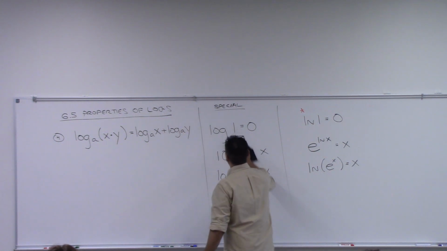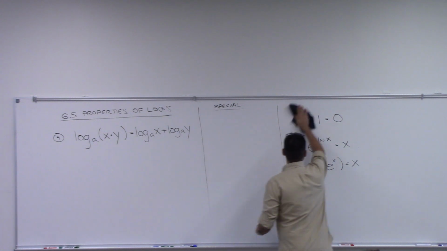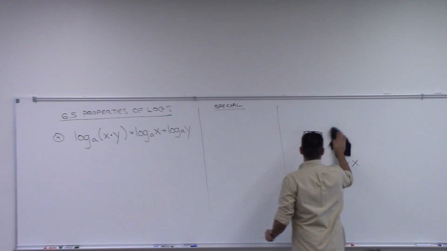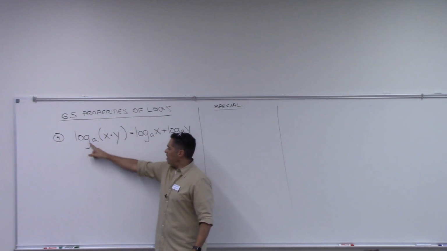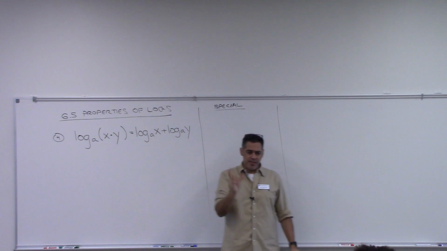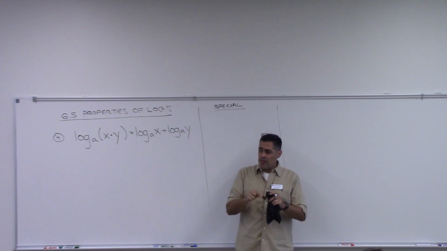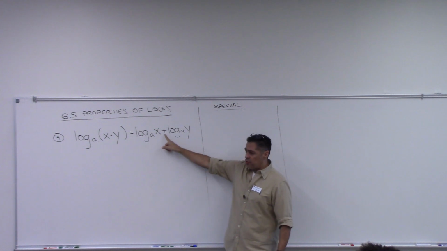Okay, what happened? I had one log, and inside of it I had what? I had multiplication, right? Single log, multiplication inside. This property says that when you have a single log with multiplication inside, you can split that into two logarithms with addition between them.